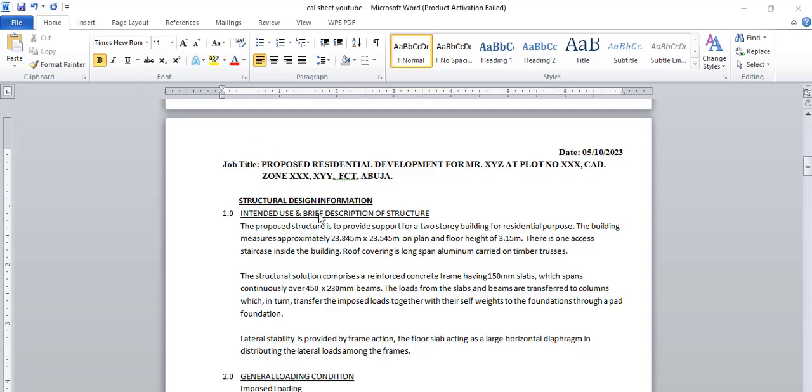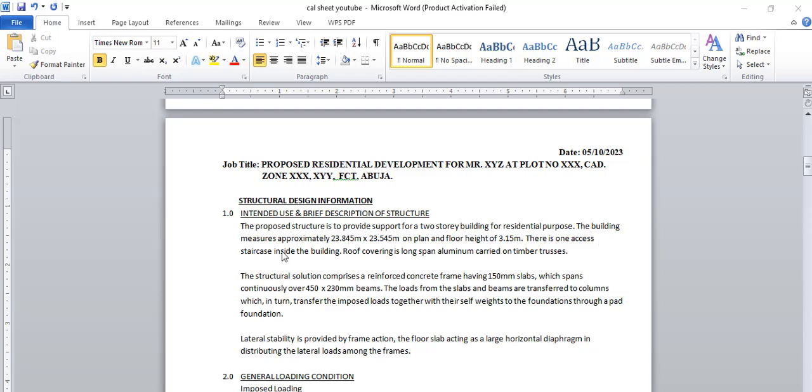So then the structural design information, the first one is intended use and brief description of the structure. So the proposed structure is to provide support for a two-story building for residential purpose. So this is where you tell what the intended use is, residential purpose, and the number of floors.